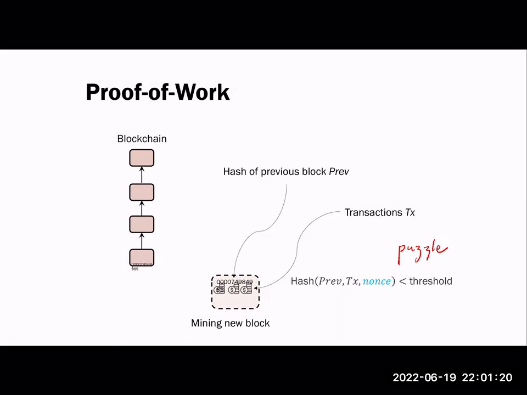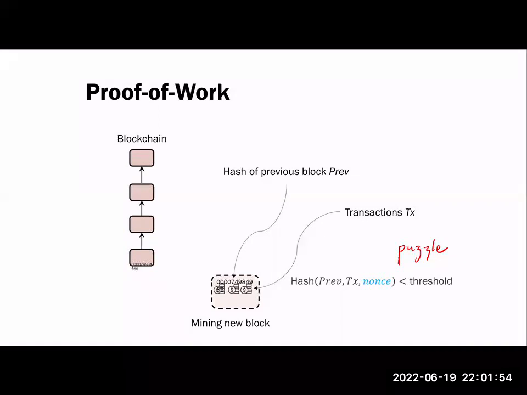Now, how do you solve this puzzle? The cryptographer designed the hash function to have the property that computationally, it is extremely difficult to invert this hash function to solve this inequality.